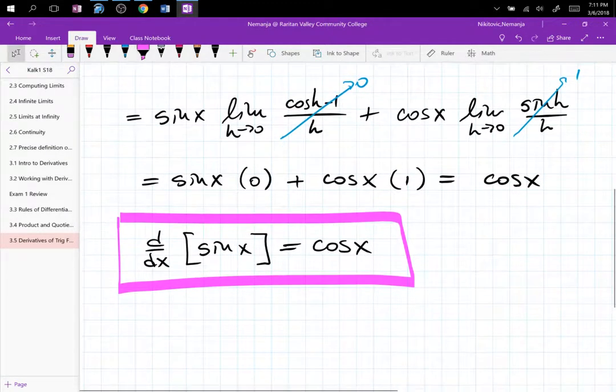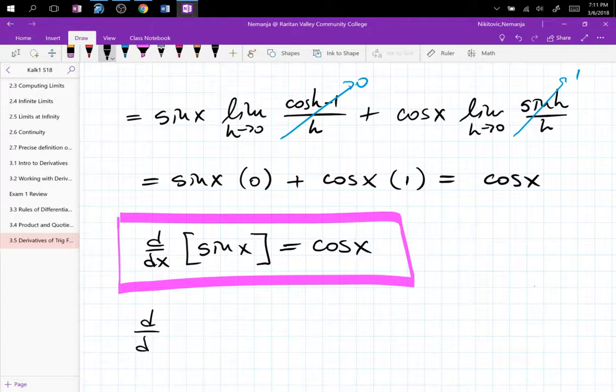I will challenge you to do the same limit, if you like this stuff, at home and show that the derivative of cosine x is negative sine x.